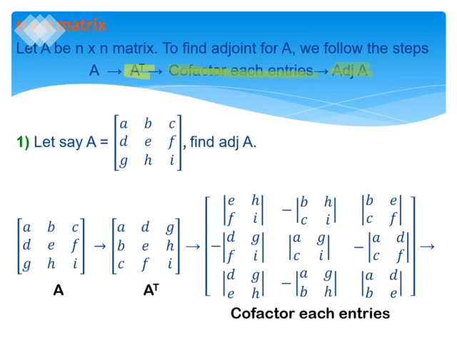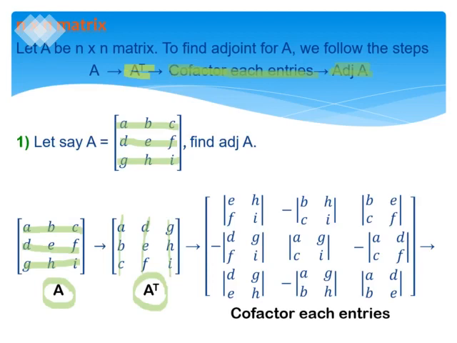Okay, we go for example 1. Let's say A here is A, B, C, D, E, F, G, H, I. We have to find the adjoint of A. First we write down A, and then we transpose A. So A, B, C will become a column, D, E, F here, G, H, I here.